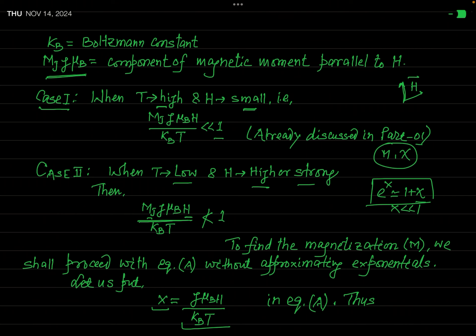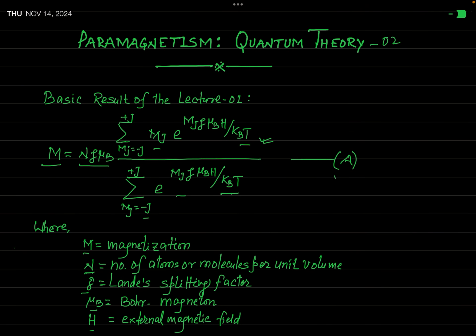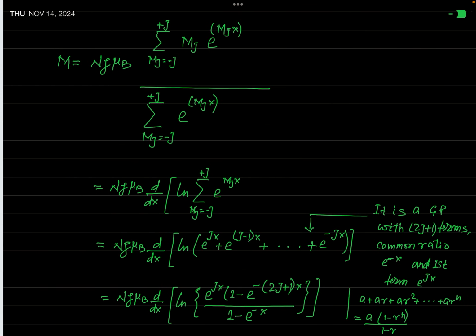So when you assume that g mu b h over kbt is equal to x, then what will be this equation A in terms of x? You can easily write it. Here you can see there will be e to the power mj times x, and in denominator too the power of exponential will be mj times x, because g mu b h over kbt has been assumed to be equal to x.